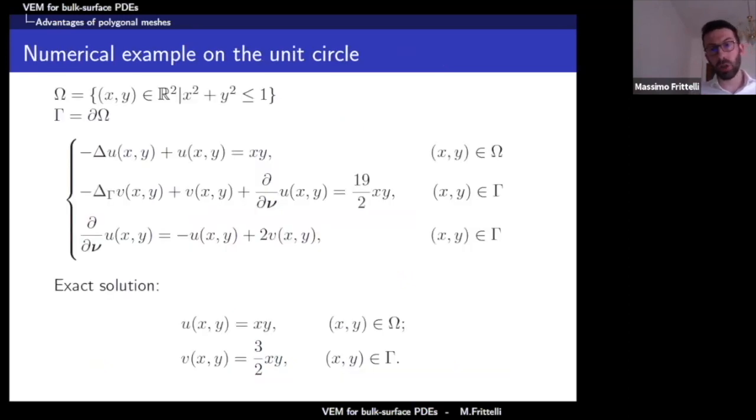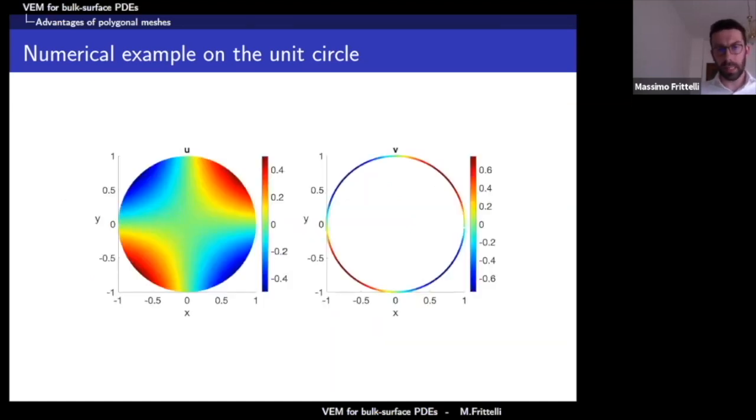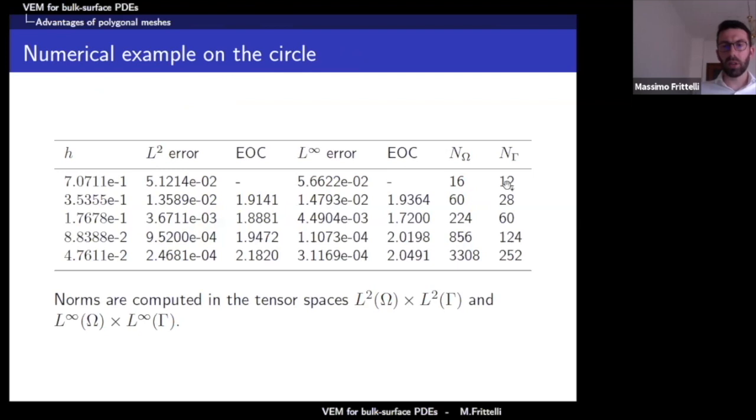Okay, let me show a numerical example for an elliptic problem. We have an elliptic bulk surface problem with artificial exact solution. So this is what the exact solution looks like: U for the bulk species, V for the surface species. And this is the convergence rate that we observe.